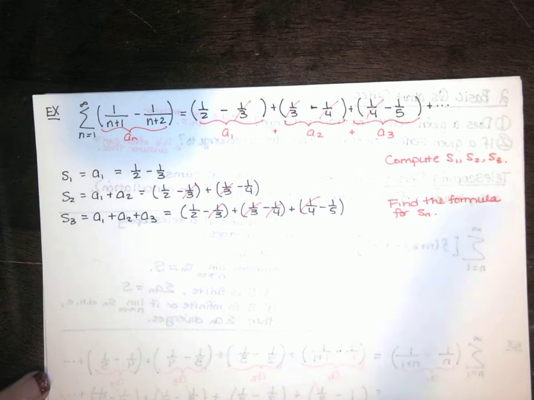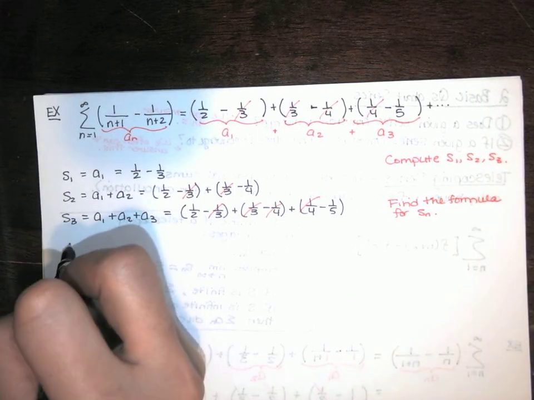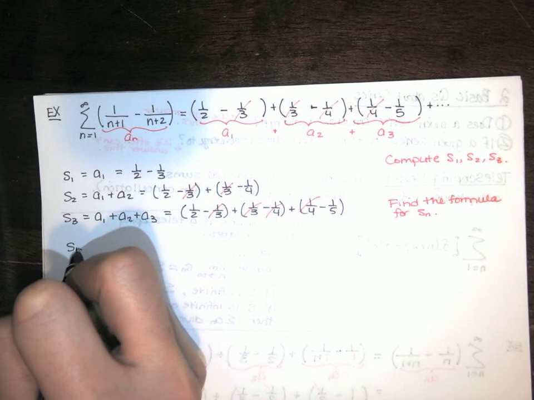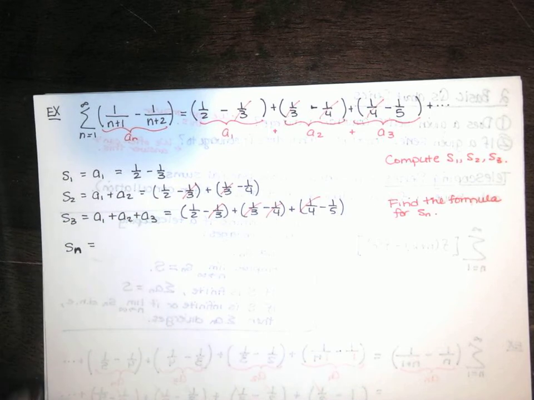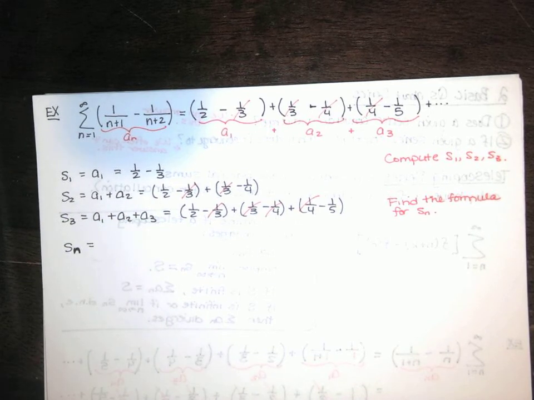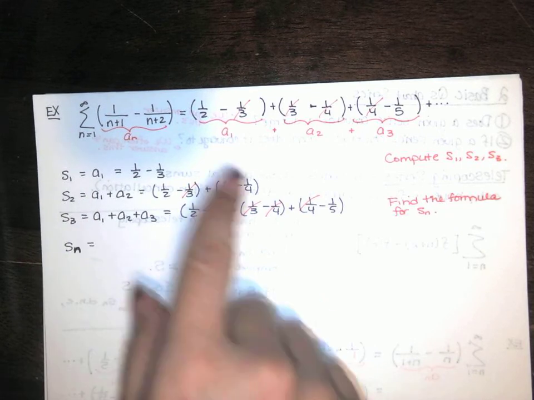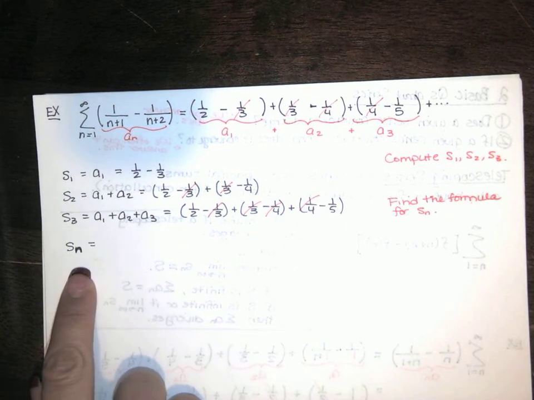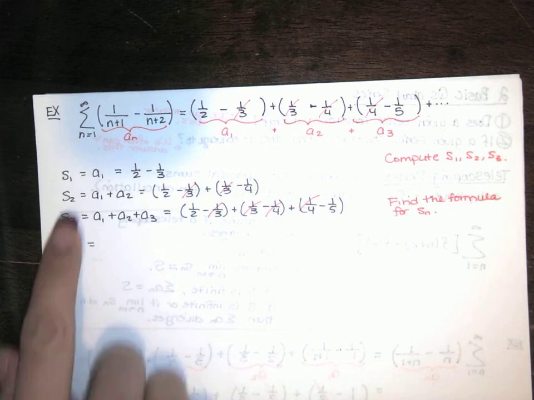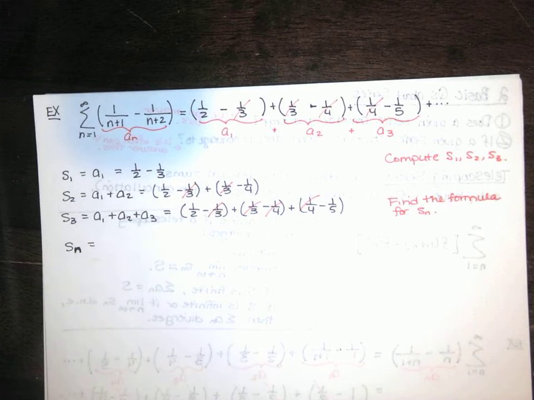Okay. Now with this, I always try to look for 2 things. First, I look for what's staying the same as I go from term to term. And then I look for what's changing. And then I try to relate the change that I see to the index over here. Because the changed part on this side should be a function of n. It should depend on which partial sum we're talking about.